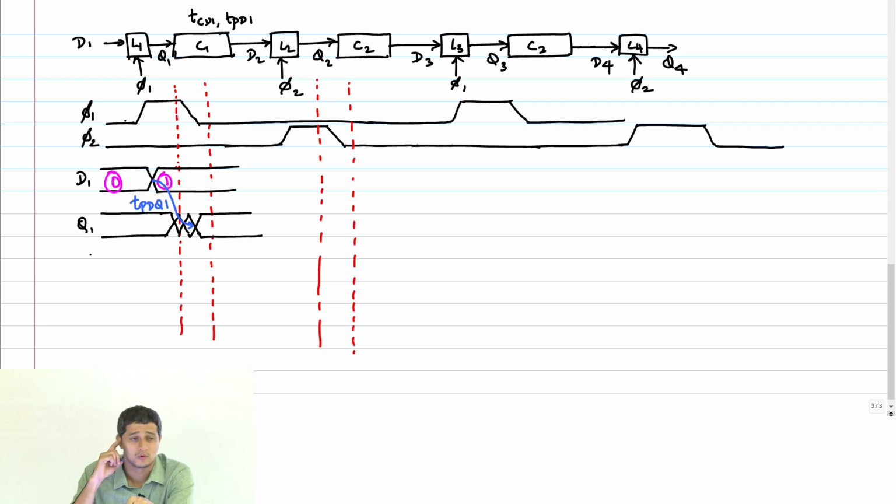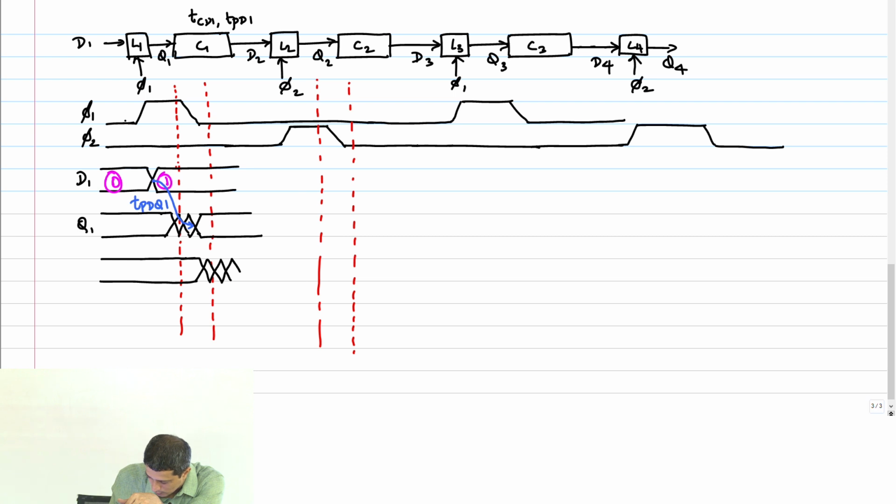Q1 has changed. What happens to C1 now? It's a usual thing. It's just a combinational block. TCD1 and TPD1 is the delay that's going to be incurred now. So the moment this guy starts changing, you can have a very quick change. Let's again ask, what's the worst case?